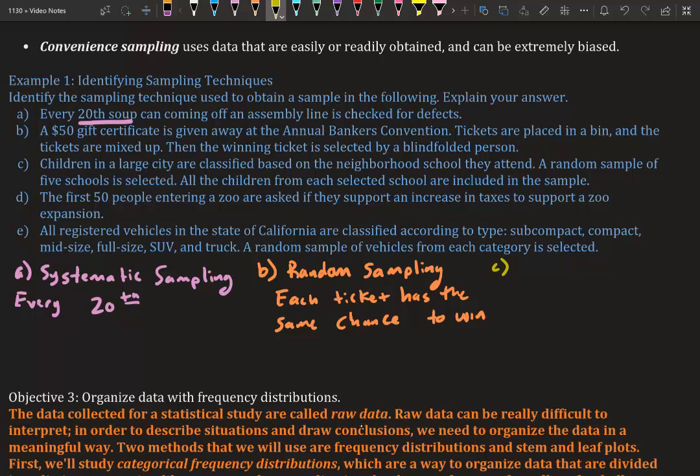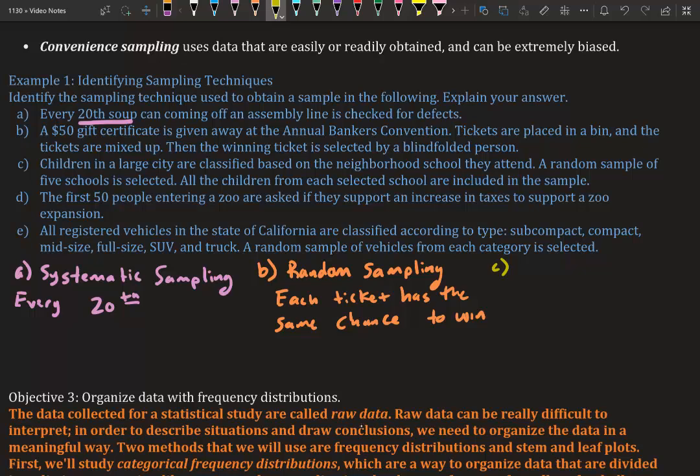Alright, C. Children in a large city are classified based on the neighborhood school they attend. A random sample of 5 schools is selected. All the children from each selected school are included in the sample. So this is actually cluster sampling because we're picking kids from a large city and in neighborhoods that the schools that they attend.